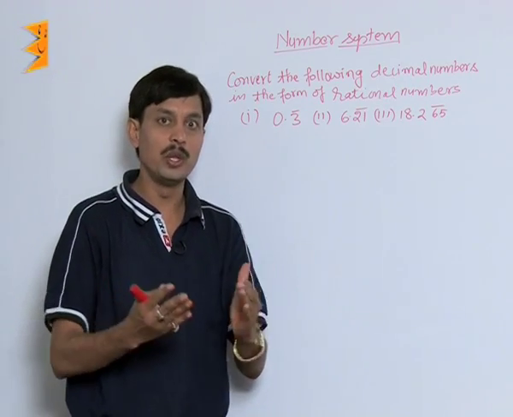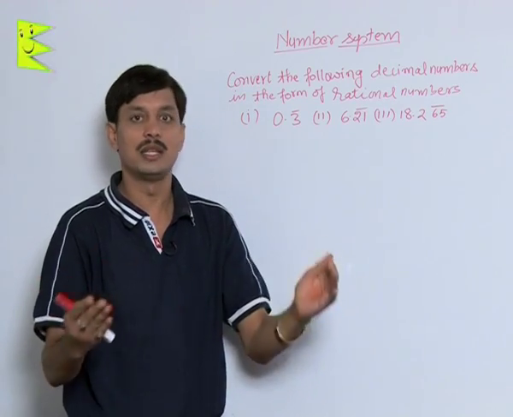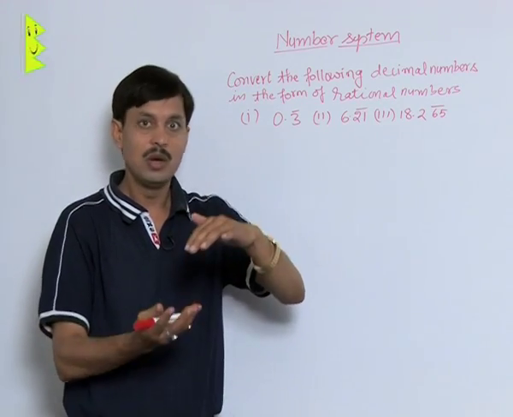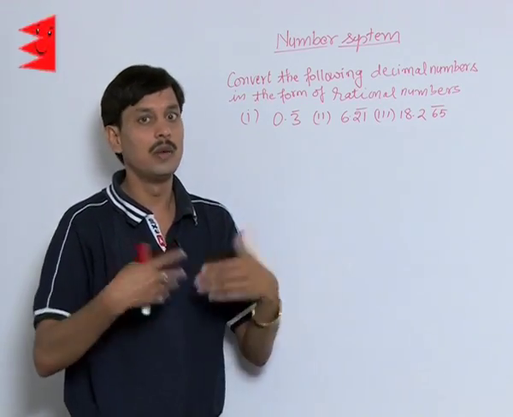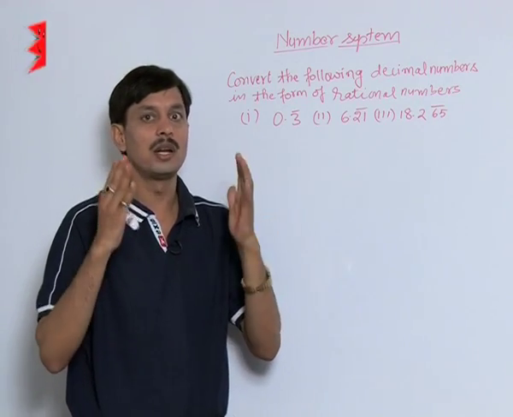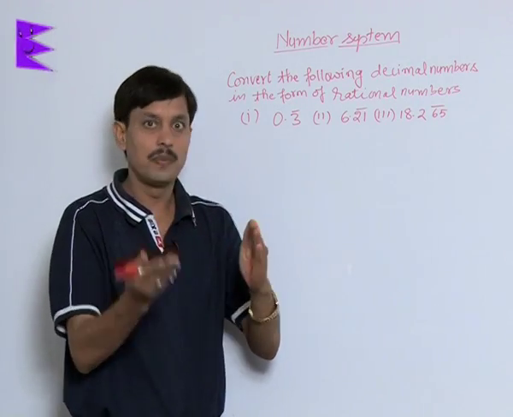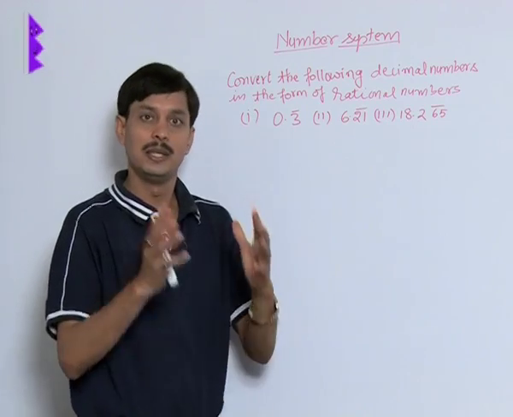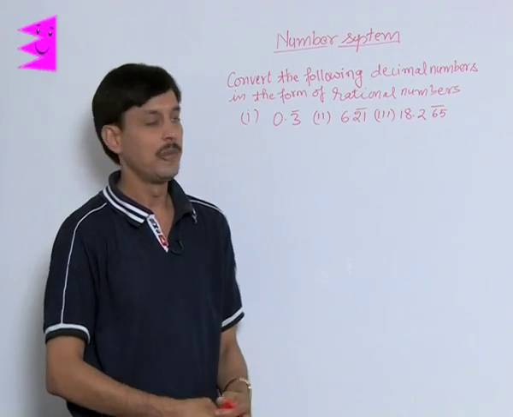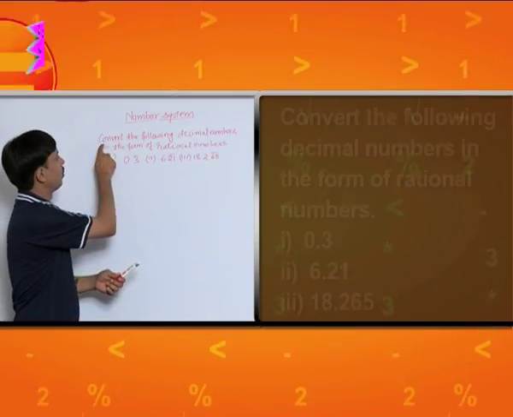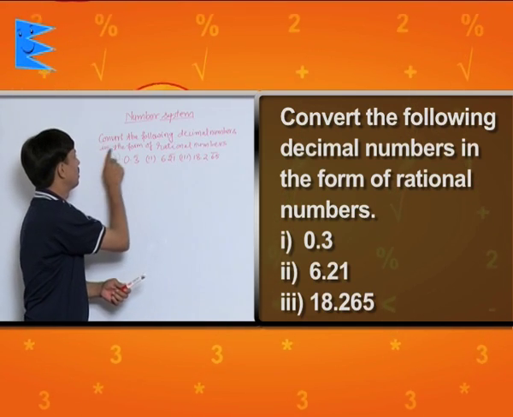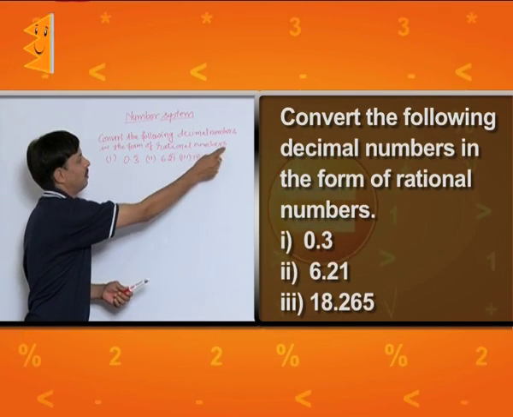Previous to it I told you how to convert a rational number into decimal form. Now the reciprocal, the converse of it: how to convert a decimal number into rational form. Suppose I convert the following decimal numbers into rational numbers.